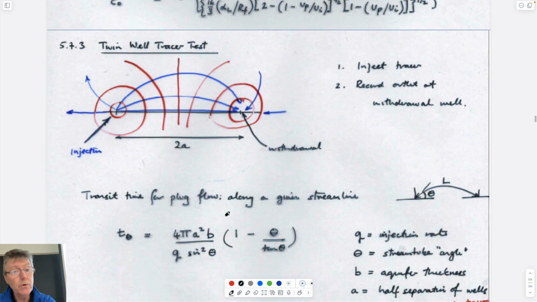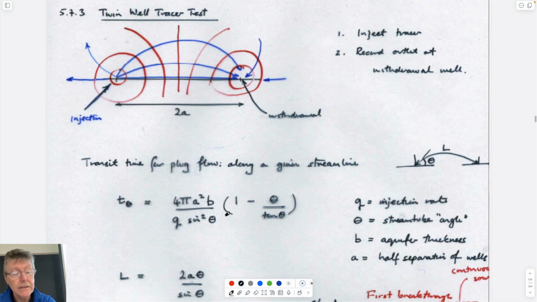You could also do a twin well tracer test, and no one does that either. And that's even much easier to illustrate why you wouldn't use it. So again, you think of a flow net that describes this. This is the injection well. This is the recovery well. The blue lines are the streamlines.